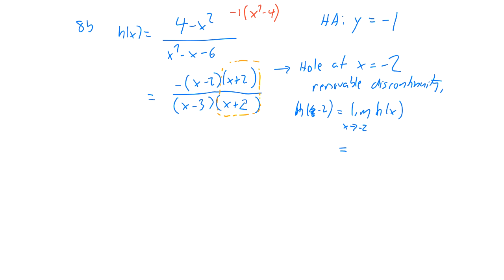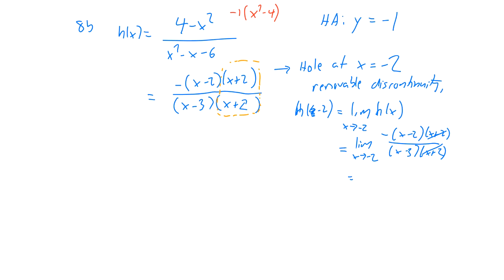So that would be the limit as x goes to -2 of negative (x minus 2) times (x plus 2) over (x minus 3) times (x plus 2). Factor and cancel, and then direct substitute.